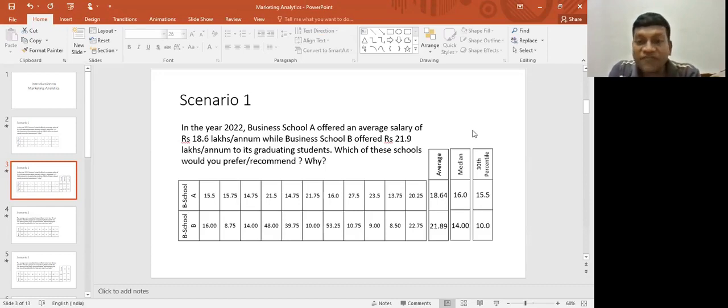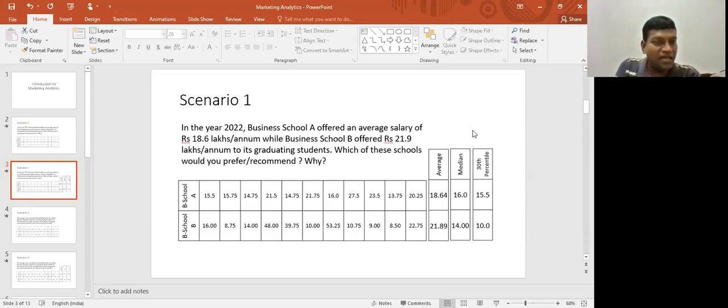At least 50% of students in B school A have got a salary of 16 lakhs per year, whereas the corresponding number for B school B is only 14 lakh. So 50% of the students in B have got less than 14 lakh, whereas in A, 50% of students have got less than 16 lakh. Another way of saying it is 50% of students in A have got more than 16 lakhs, and only 50% in B have got more than 14 lakhs.